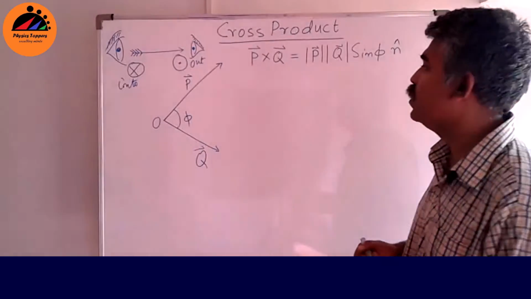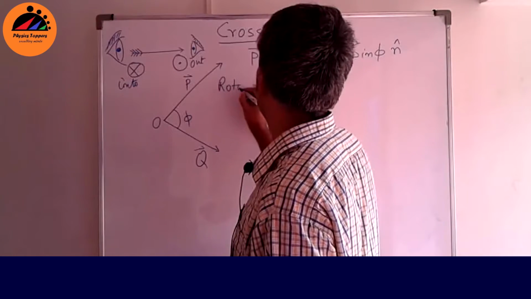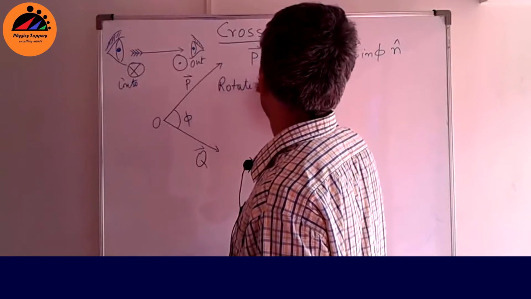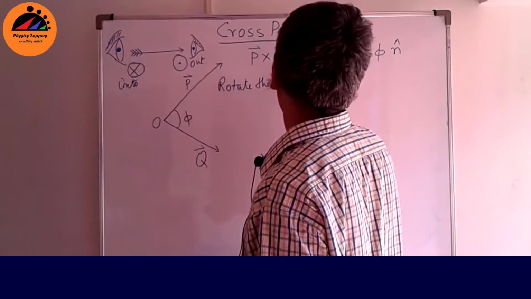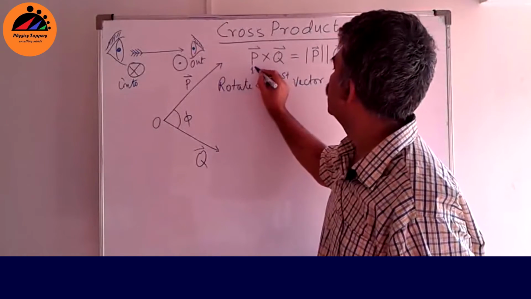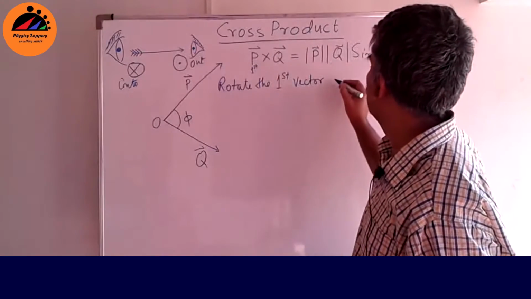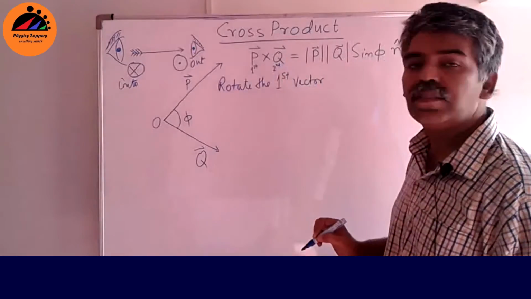The rule is: rotate the first vector. Which is the first vector? This is the first vector. And which is the second vector? This is the second vector.